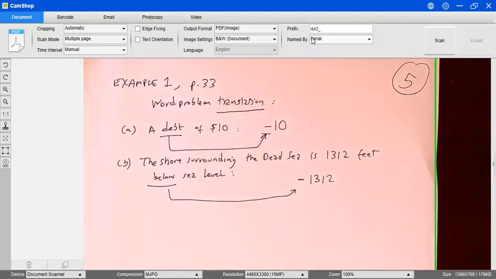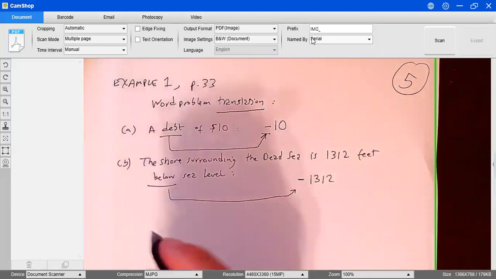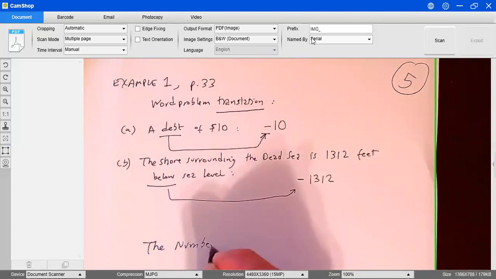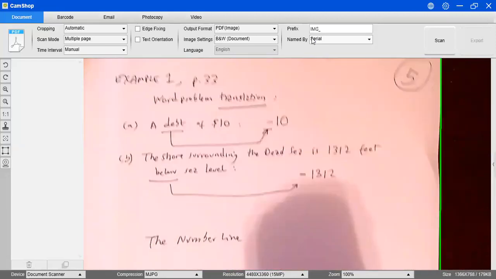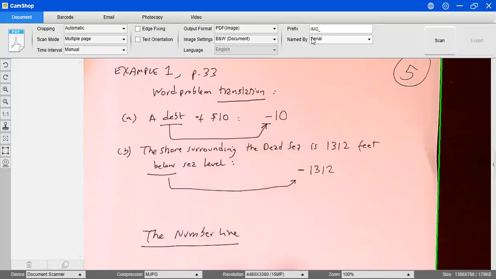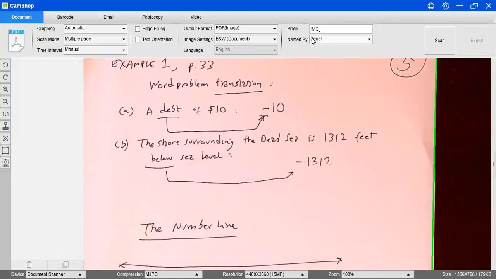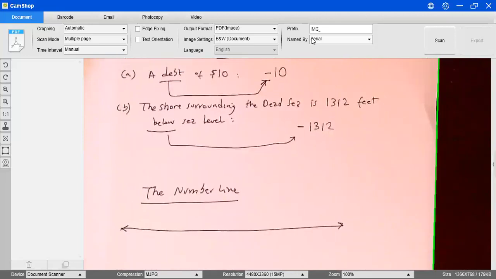Okay, so now I'm going to talk a little bit about the graphical or visual representation of integers by using the number line. This is the number line that we're going to use to represent integers. When you have integers, you are not using the entire number line, you're using parts of the number line.